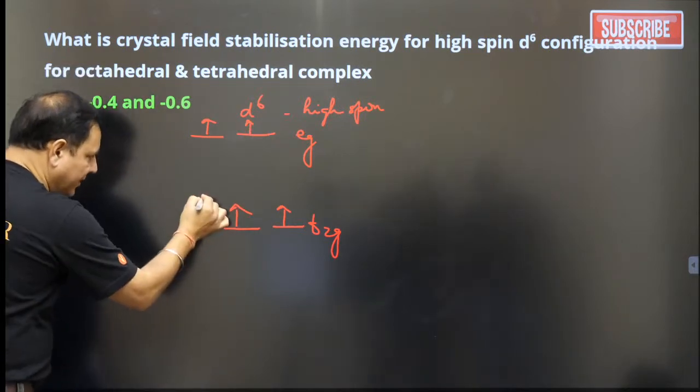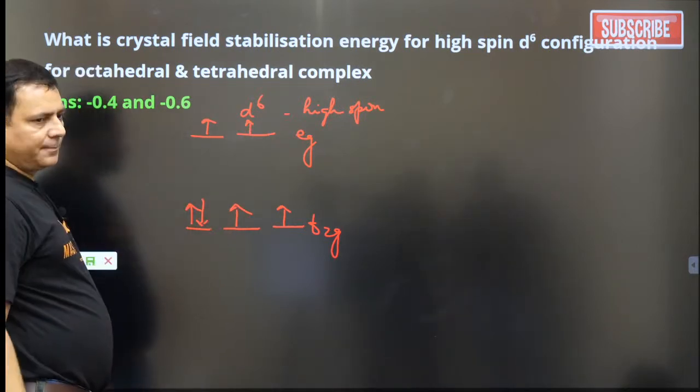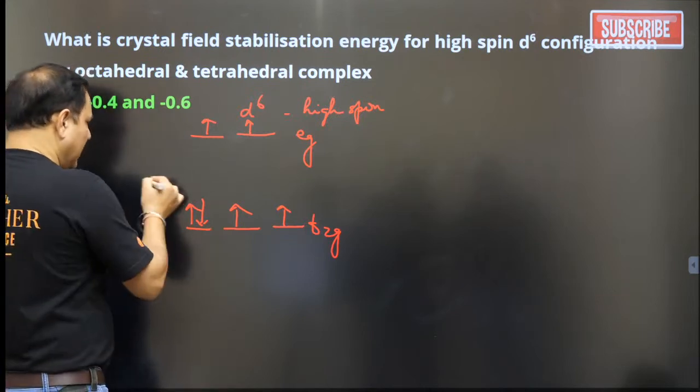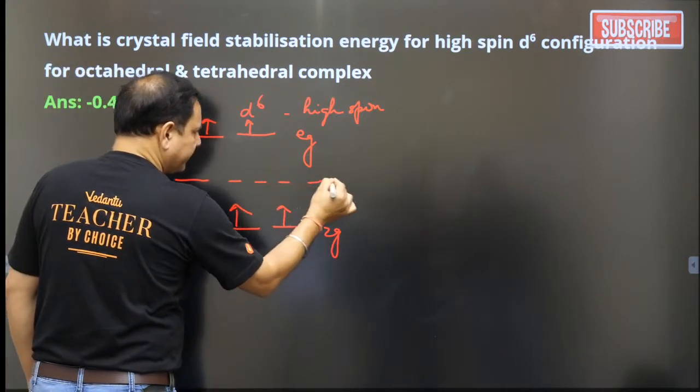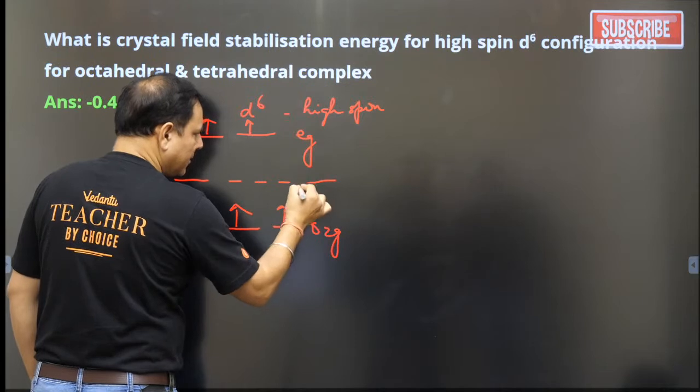This is t2g and this is eg. In a high spin complex, no pairing of electrons takes place due to the presence of weak ligands.